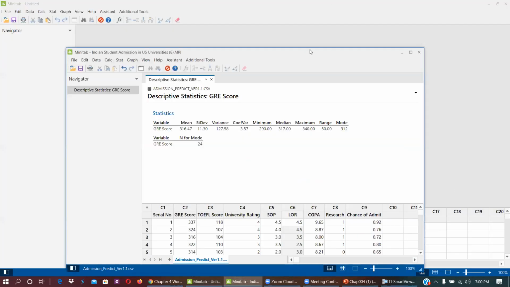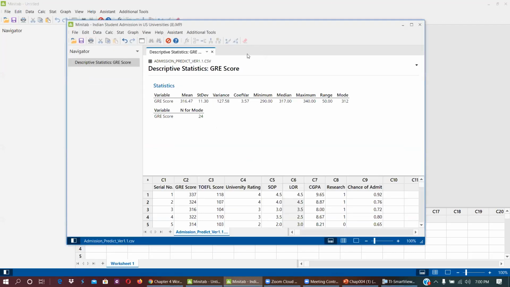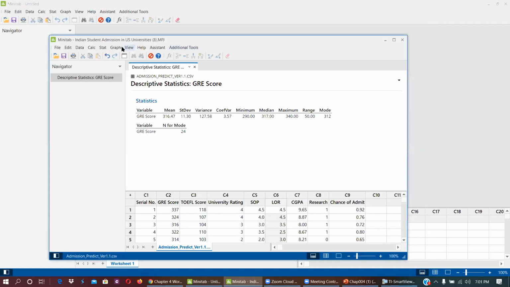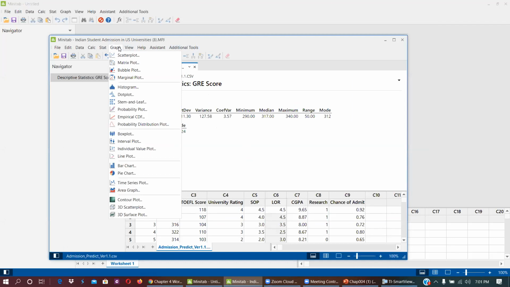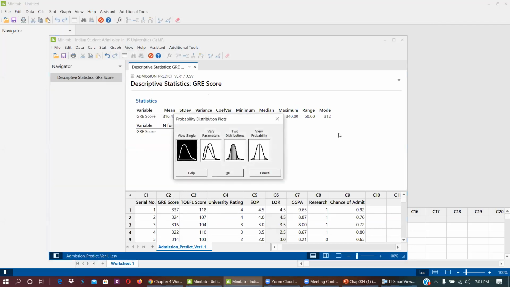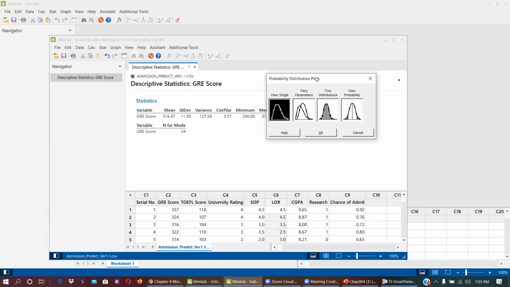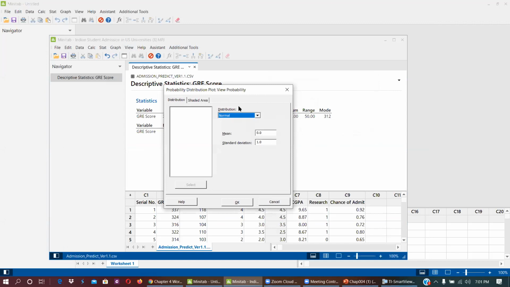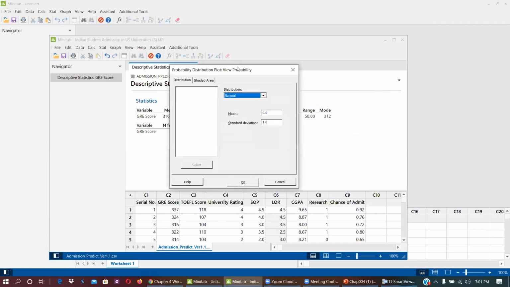I hope you can see my Minitab. Is it visible? Here you can see under Graph, Probability Distribution Plot. So I'm just going to demonstrate this.